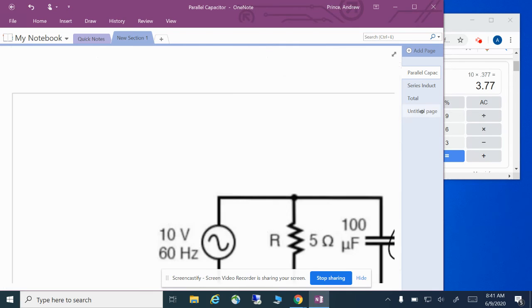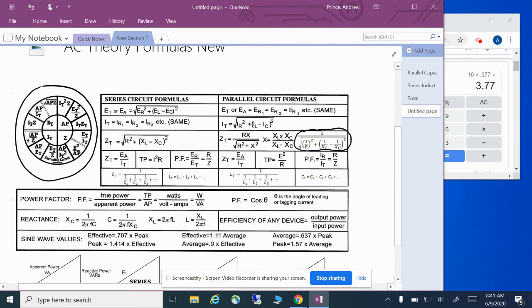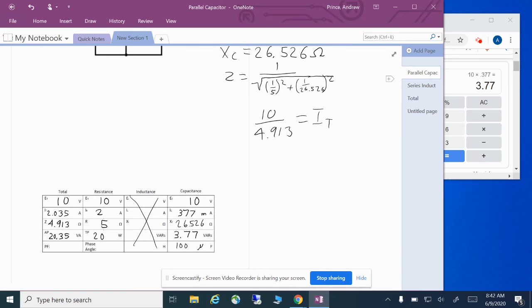So if we look at our formula sheet, we see that the power factor is true power divided by apparent power. So that's going to be 20 divided by 20.35.